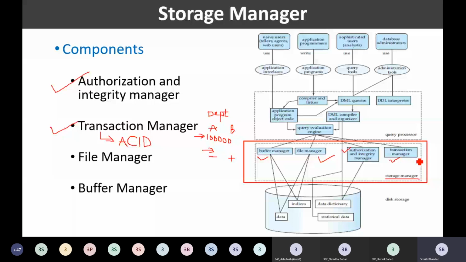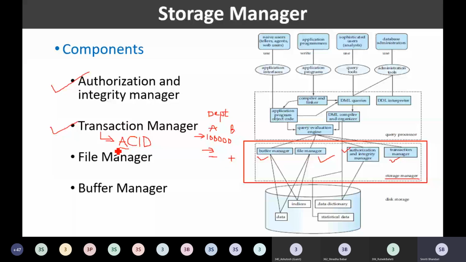So even though there is a failure, we need to ensure the atomicity of the transaction. That means in case of our example, either the transaction should be completed successfully, otherwise the transaction should be reverted. The transaction should not be considered in case of the failure, right? So this is called as atomicity property.